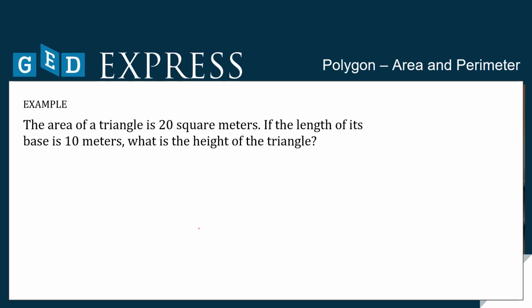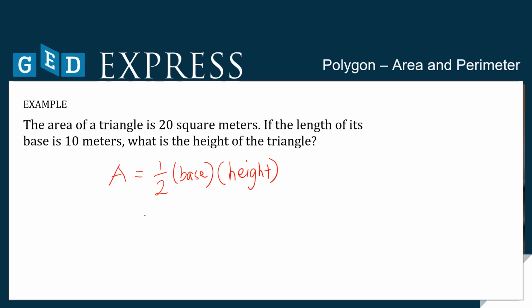Plugging the given information into the area formula. By the way, what is the formula for finding the area of a triangle? We have area is equal to 1/2 base times height.